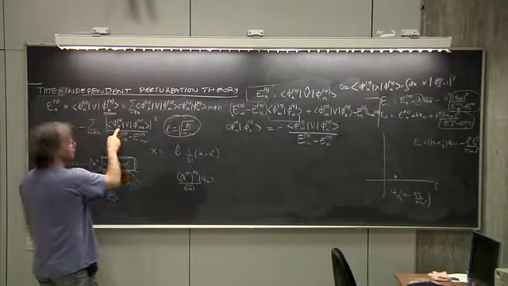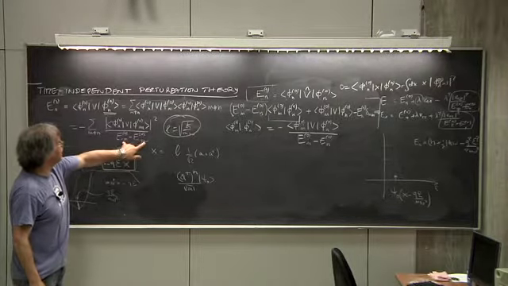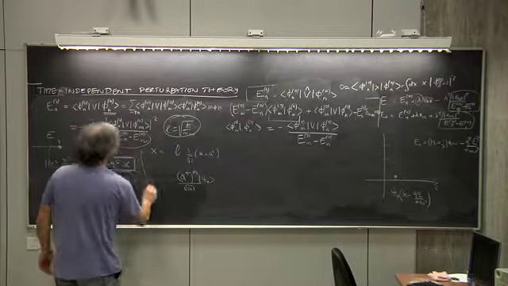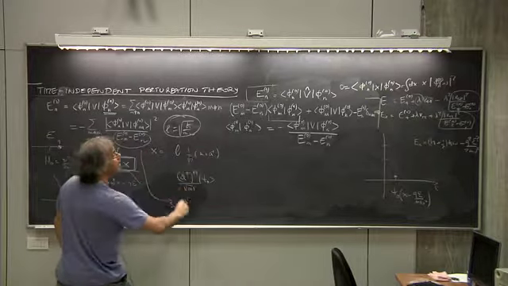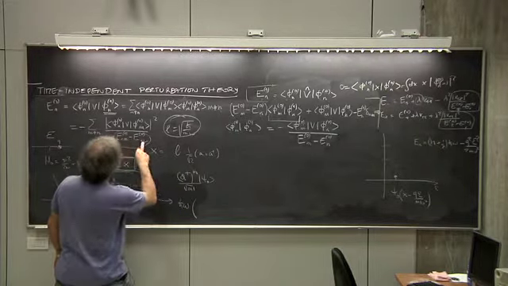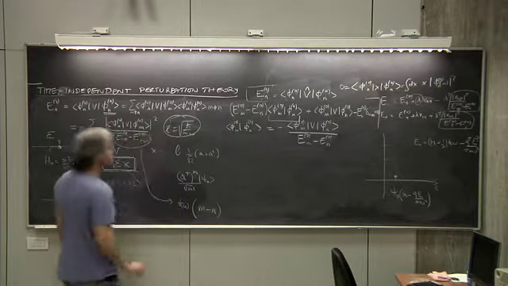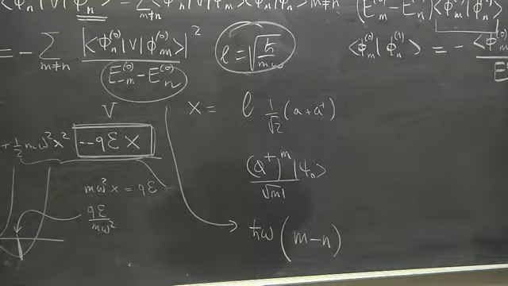And here I have a similar object with n. The difference in energy in general is equal to h bar omega times m minus n. The 1/2 cancel. So I think I basically know all the ingredients here.